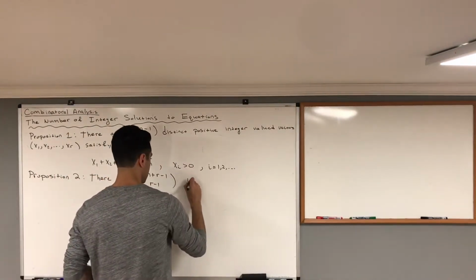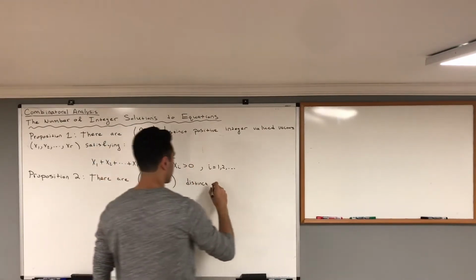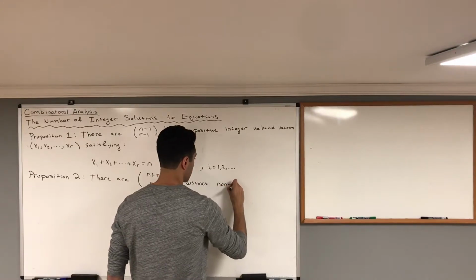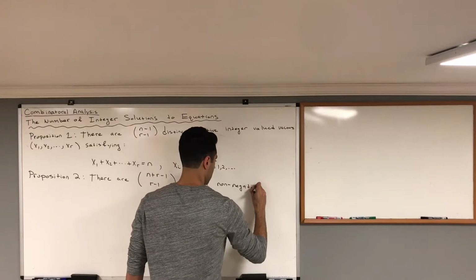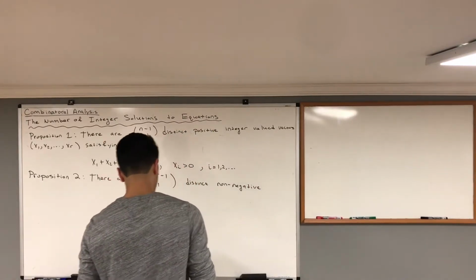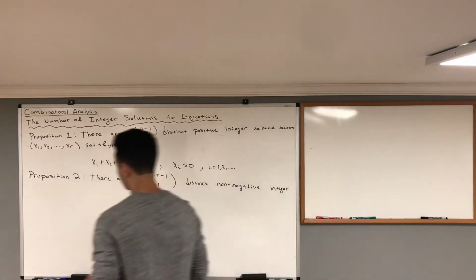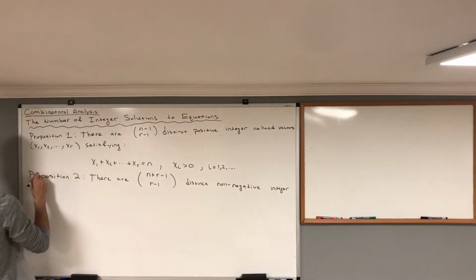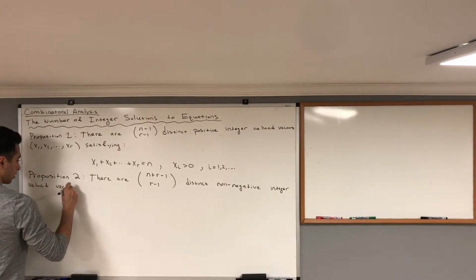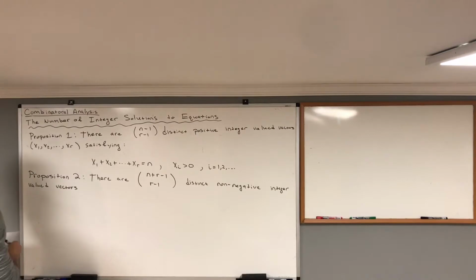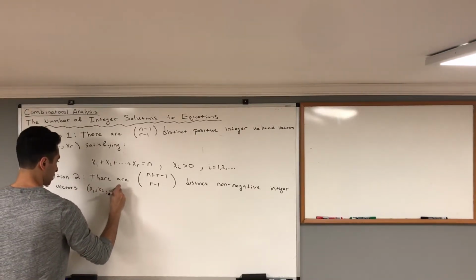distinct non-negative, now we're talking about non-negative, so it includes 0, the list includes 0, non-negative integer valued vectors x1, x2, xr, right?